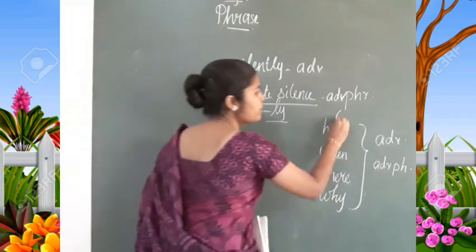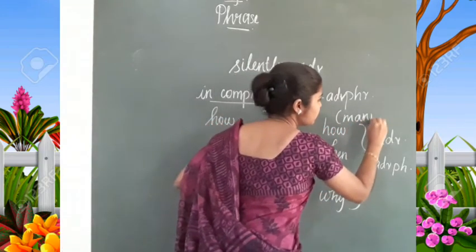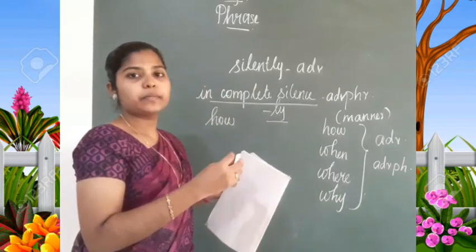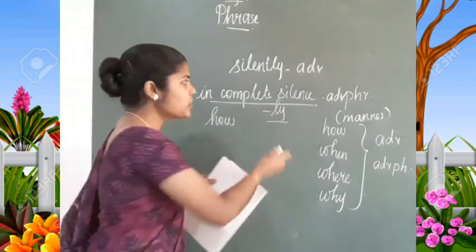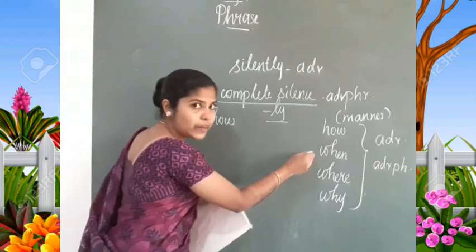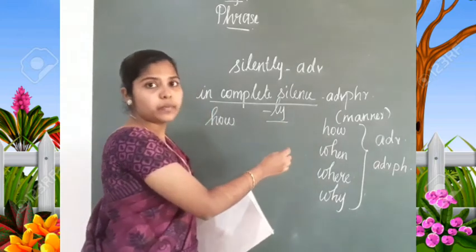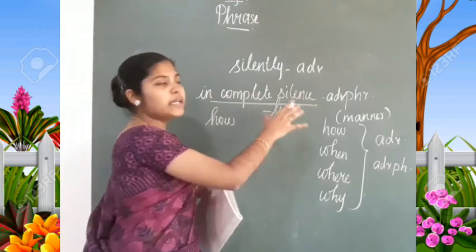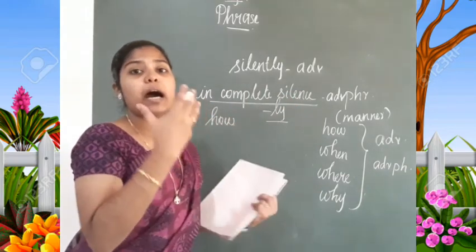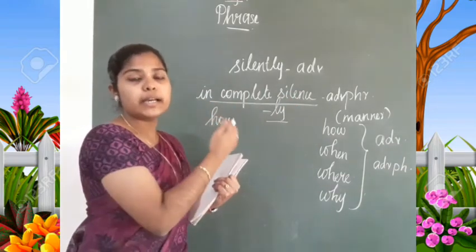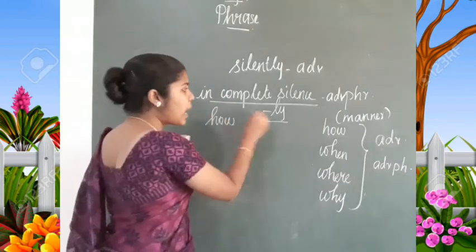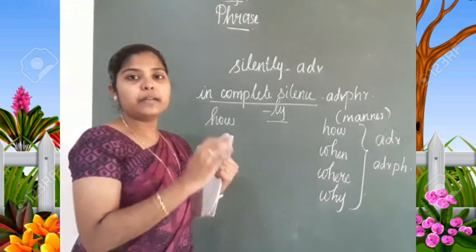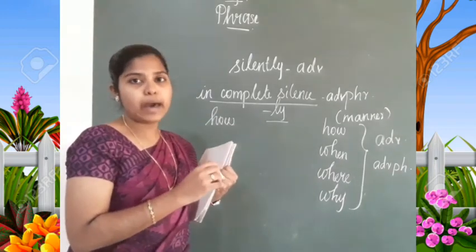How means manner. How it happened. It is not indicating the place or the time or the reason. It is indicating in complete silence. It is answering how that action is done. So how indicates the manner, and that is the adverbial phrase of manner.